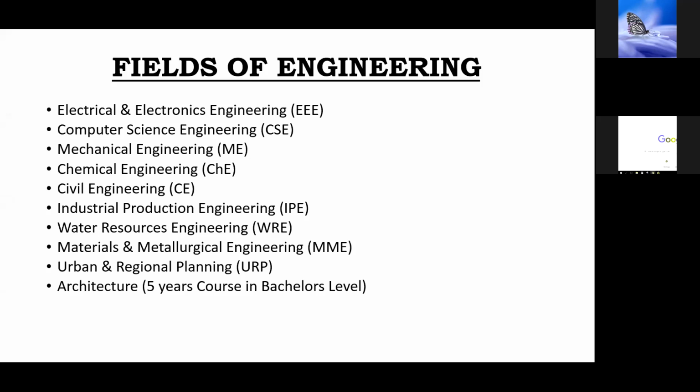Civil engineering is about those who work on the infrastructure of a country, building the roads, building the buildings. Then industrial production engineering, water resources engineering, materials and metallurgical engineering, urban and regional planning.